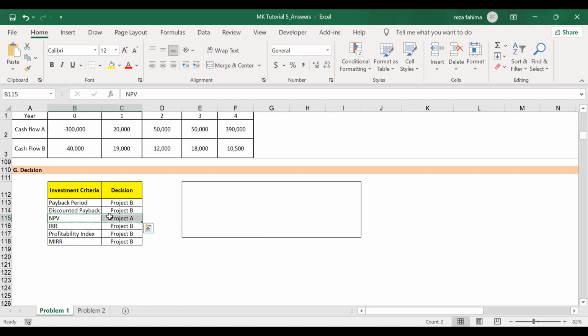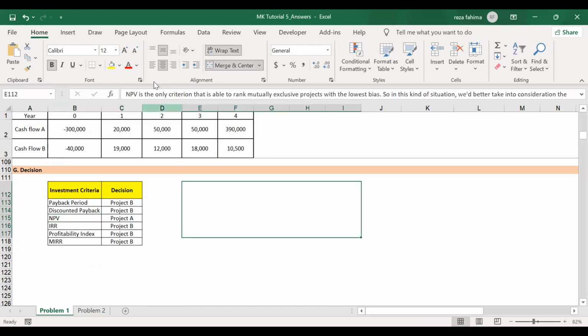Now the question is, which investment do you have to choose? Do you choose project B since 5 of them said project B is more preferable, or do you choose project A because project A has a higher NPV than project B?